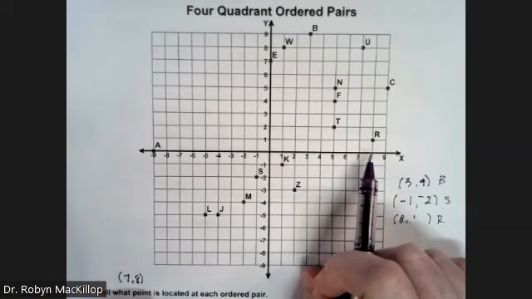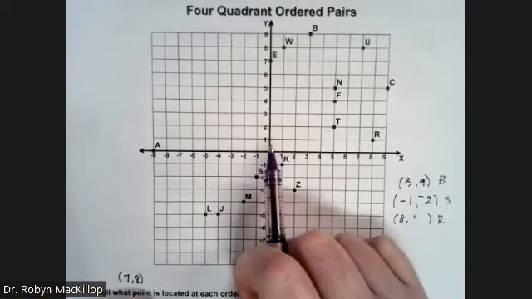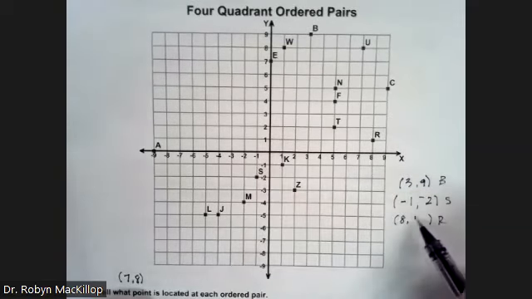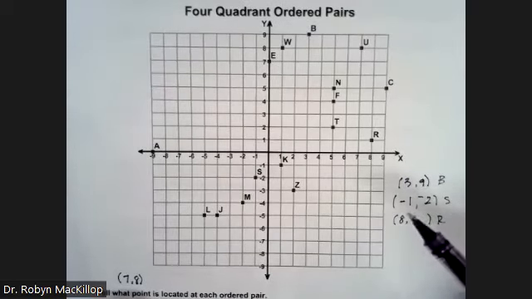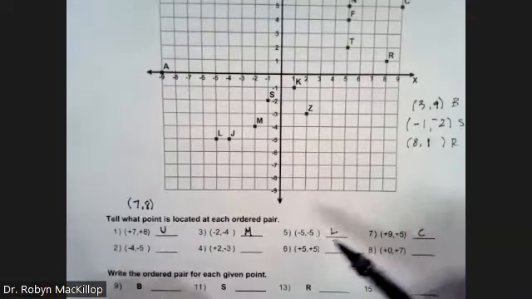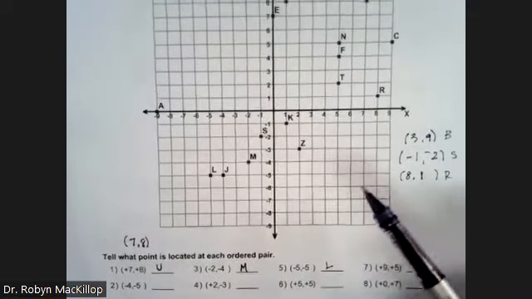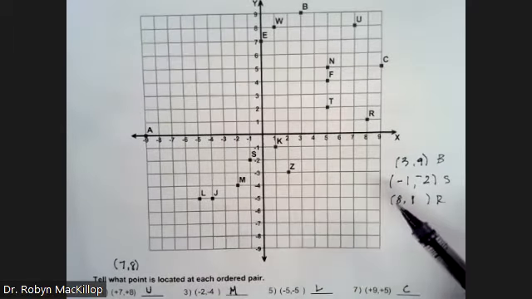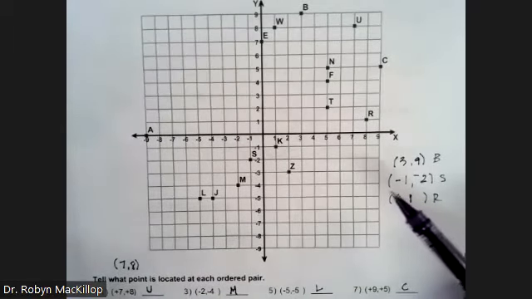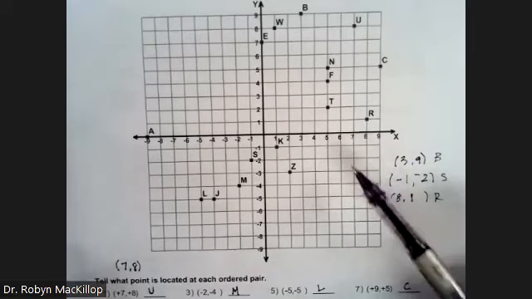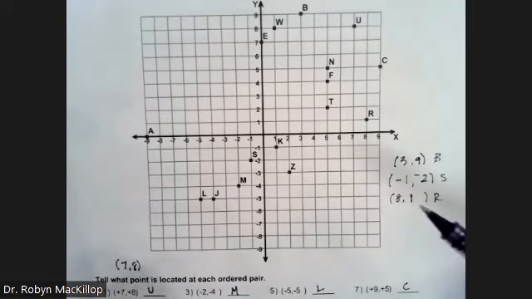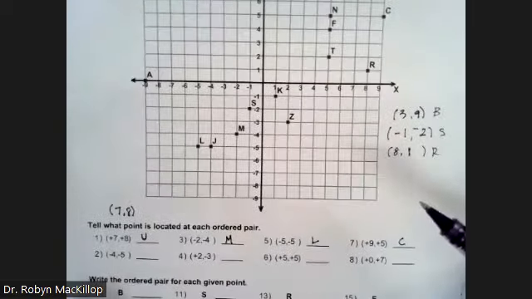So 8 is X, 1 is Y. I think it's actually easier to look at this and find the coordinate than it is to look at the coordinate and find the ordered pair, just because it's easier to find the numbers first, but it'll all come together.